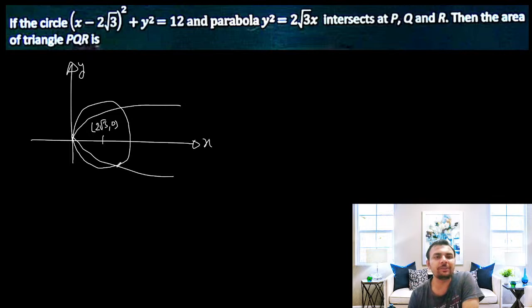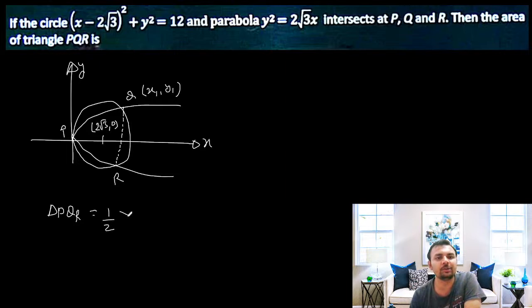This parabola will cut symmetrically, if you see. If this point is x1 and y1, the area of PQR is nothing but half into x. This height is x and this is 2y, which is nothing but x into y. So we have to find x and y, the point of intersection.